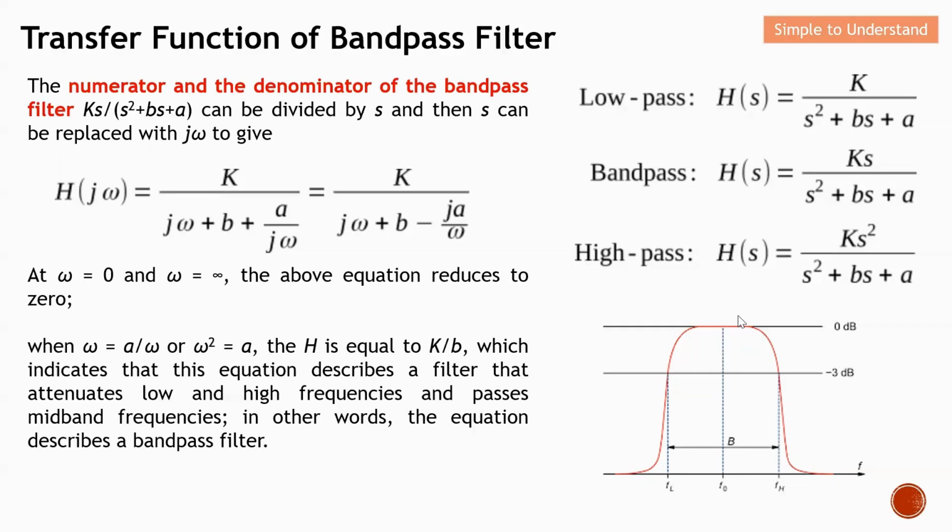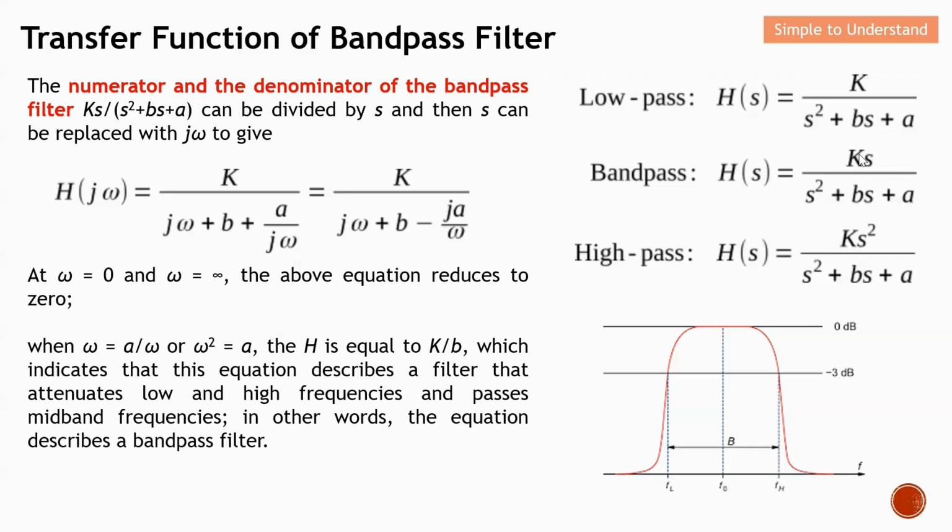Let's take a look at these two extreme frequencies, which I described earlier. When the radian frequency is equal to 0, you put a 0 into the equation of the band pass filter. When this is 0, nothing can be passed, so at low frequency, everything will be attenuated away. Next, when w is equal to infinite, you can see that this is infinite squared.